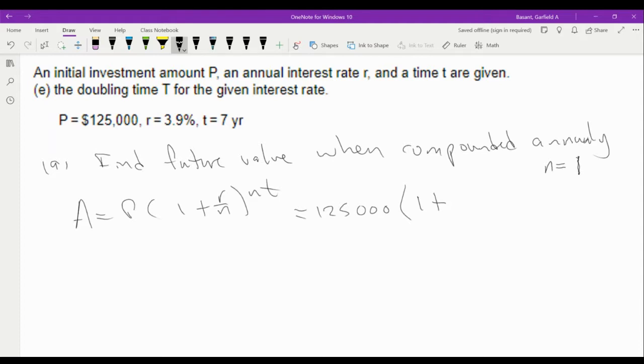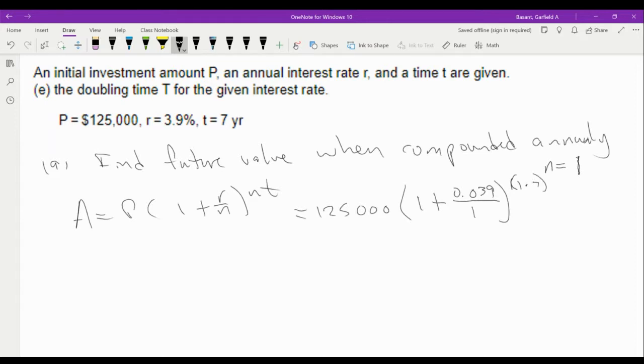It's 3.9, but we're going to use 0.039 because we have to use the decimal form, which is just moving the decimal point 2 places. And then we're going to multiply by n times t at the top. So this is 1 times 7, because it's already in years.